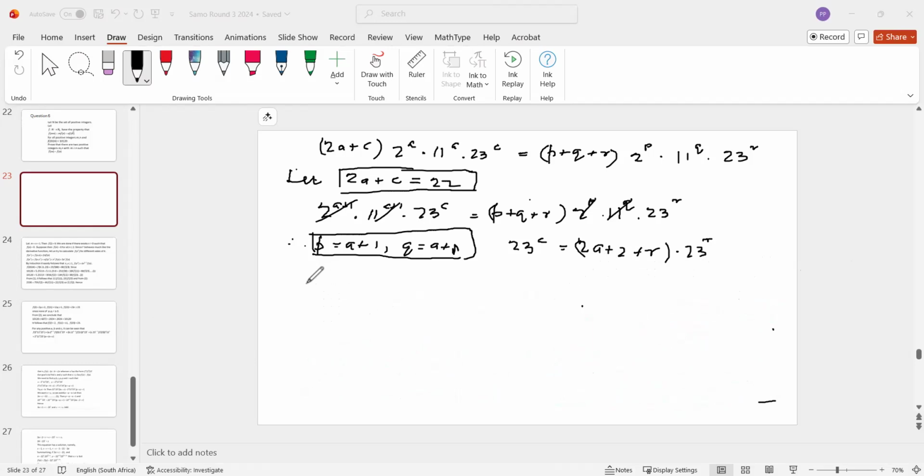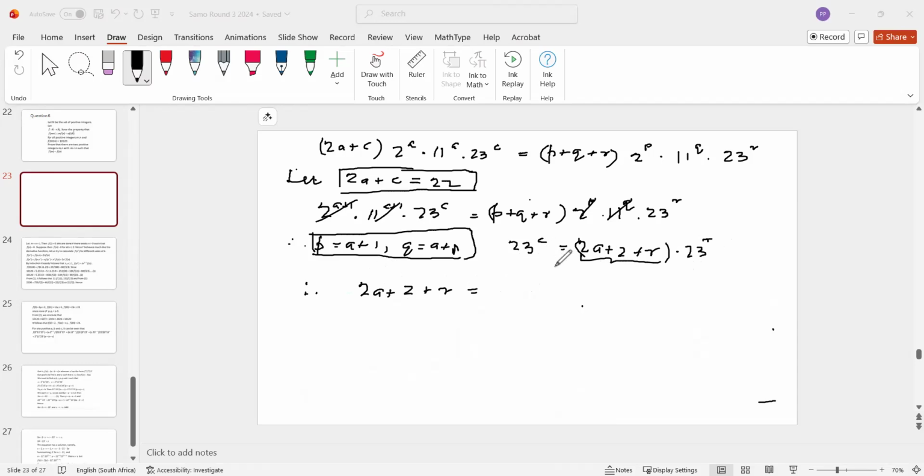So therefore, you got the 2a. Oh, sorry. This part here, 2a plus 2 plus r must be some power of 23 because 23 is a factor of this.